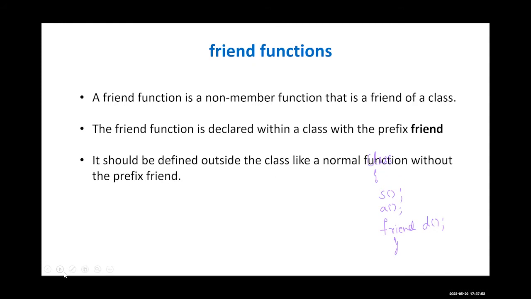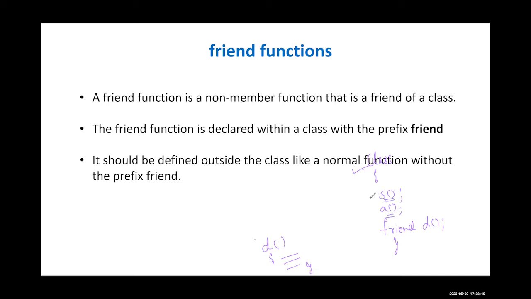Next, it should be defined outside the class like a normal function without the prefix friend. What is the meaning of this? Like I said, the definition should be outside the class. Because it is a non-member function, of course the body of this particular function will be outside the class. Our class is here, and our other function definitions will be here.